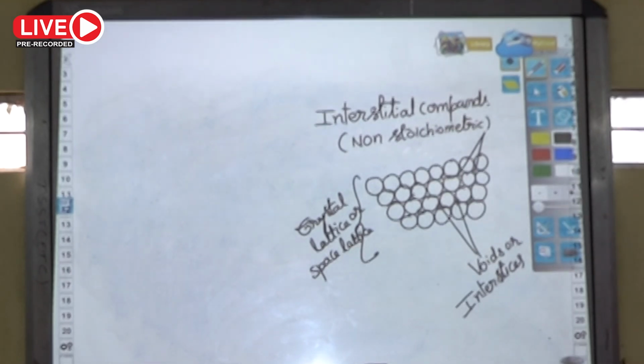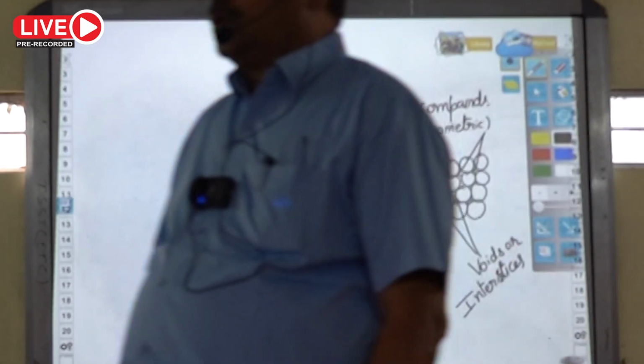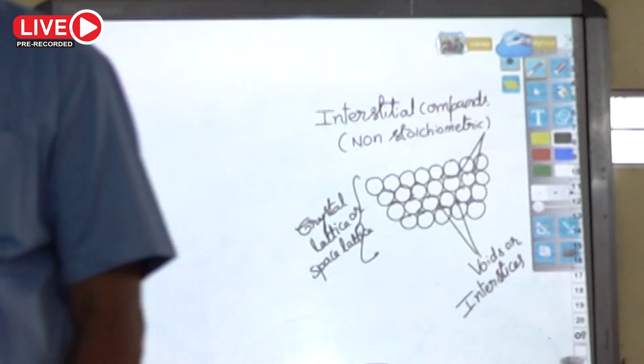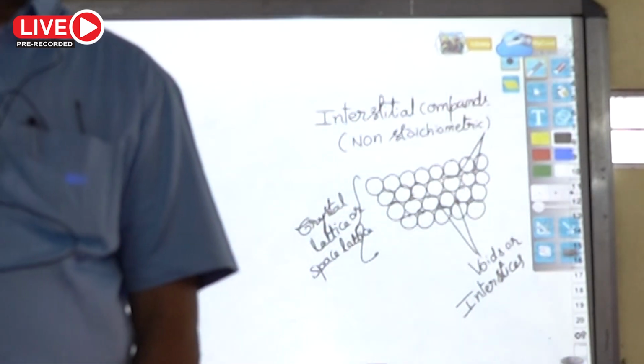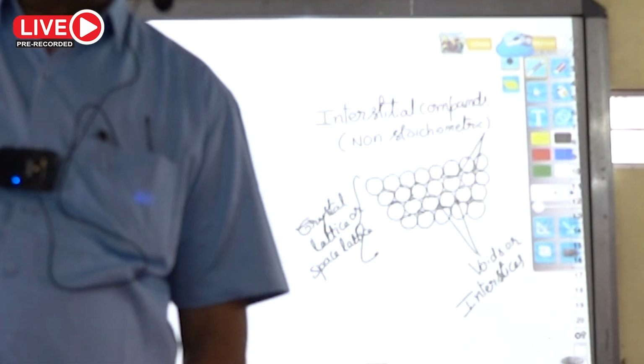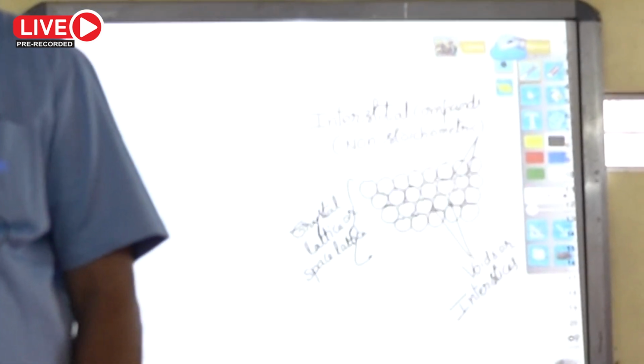We don't know. So the composition of the interstitial carbide is different, because how many voids are filled with carbon atoms, we don't know. That's why there is no fixed composition between the combining elements, and the interstitial compounds do not obey normal valency rules. That's why their formulas are also of a different type.